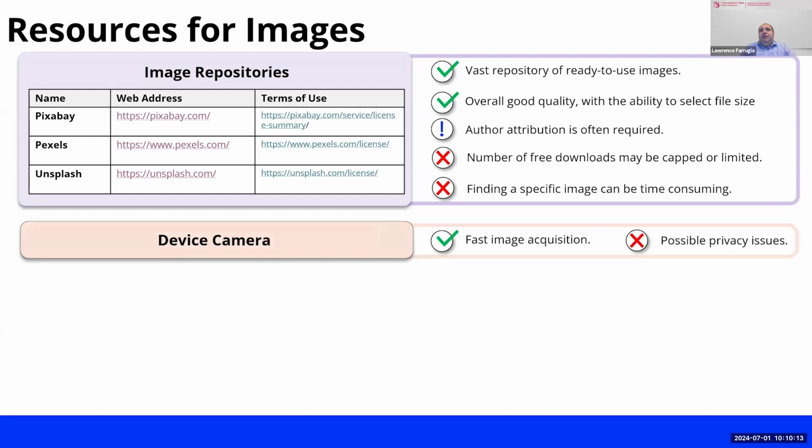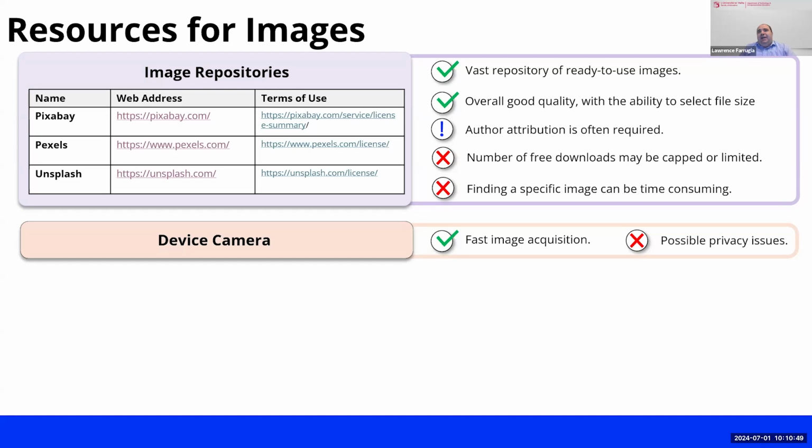The benefit of using an image repository is that you have a vast array of ready-to-use images. Overall, the quality of these images, as you will see when I navigate to one of the websites, is quite good. As I mentioned, you would need to acknowledge the author or the photographer, really. However, very often you might find limitations, such as a limited number of free downloads.